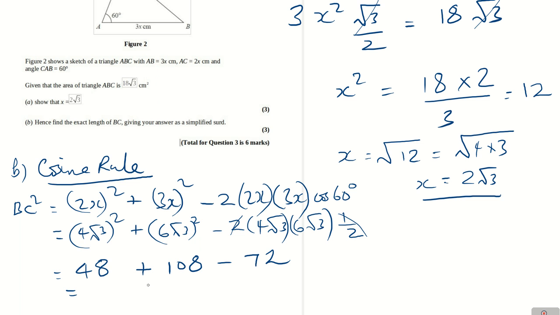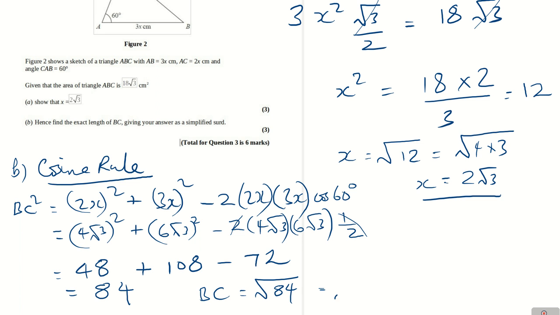So we've got 48 plus 108 minus 72, and that comes to, I think, 84, which means that BC equals the square root of 84.